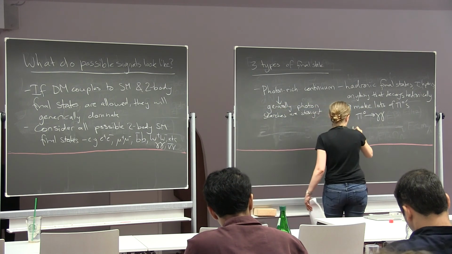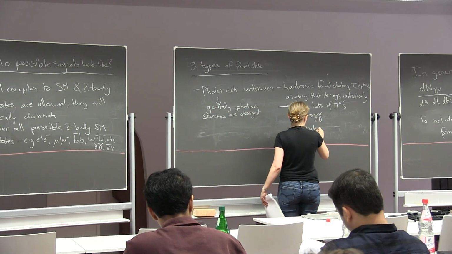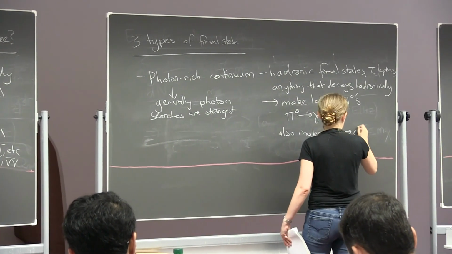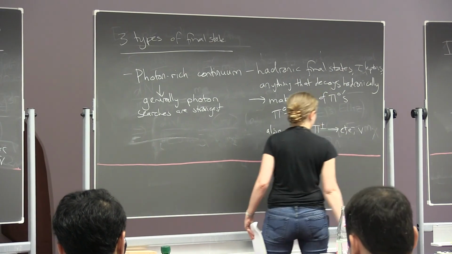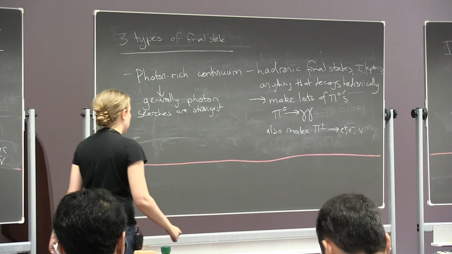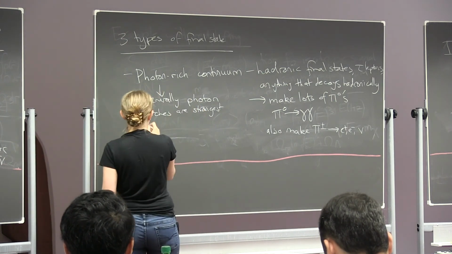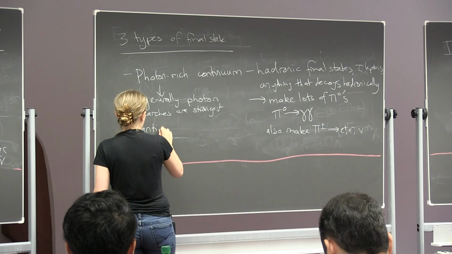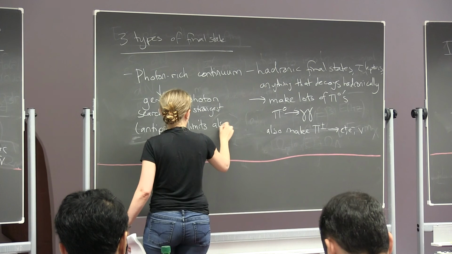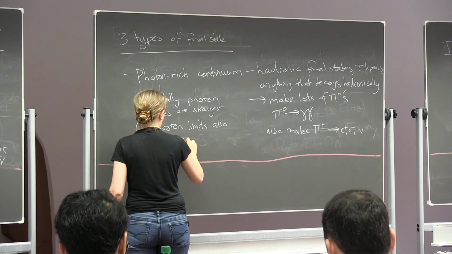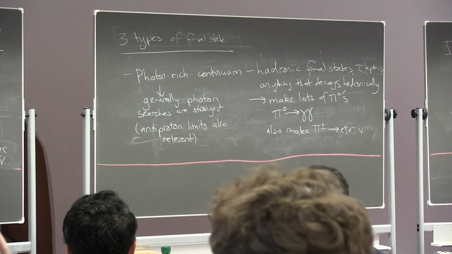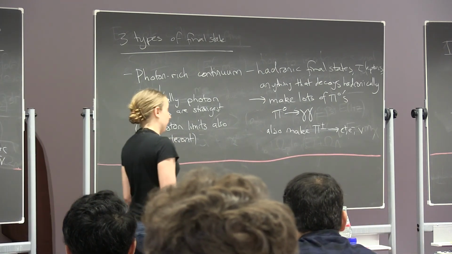These states also make charged pions, which go to electrons, positrons, and neutrinos. But as we'll see, there are antiproton limits that are also relevant. Now, because these are continuum photon spectra, they can often easily be mistaken for astrophysical signals.